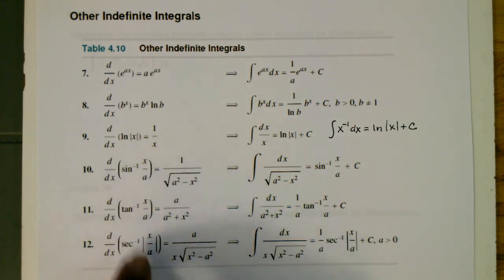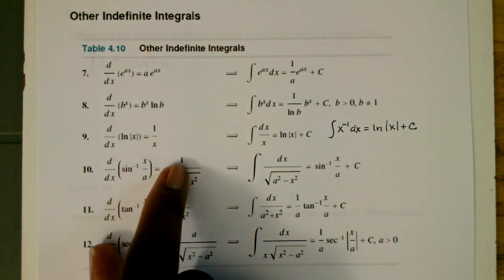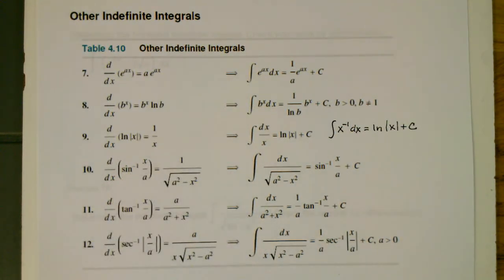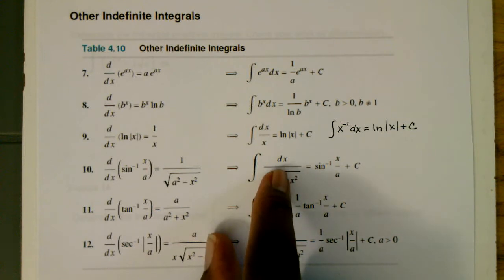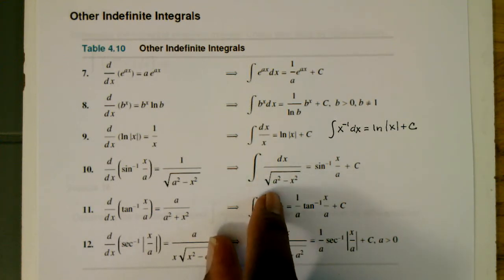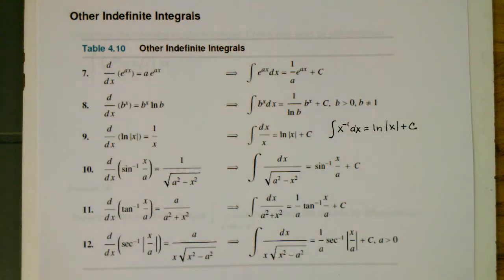All right, the last 3 are your inverse trigonometric functions. The derivative of the inverse sine of x over a would be 1 over the square root of a squared minus x squared. Now, if we take the integral of dx divided by the square root of a squared minus x squared, I would end up with the inverse sine of x over a plus c.